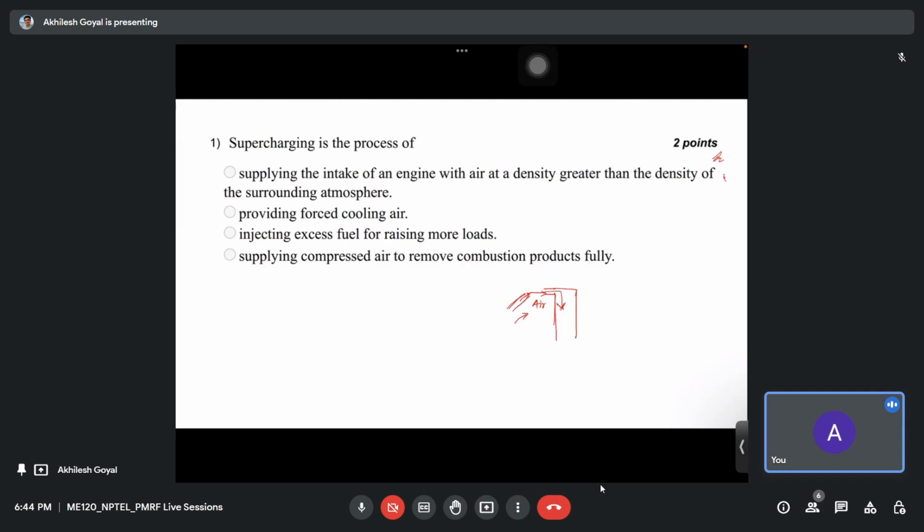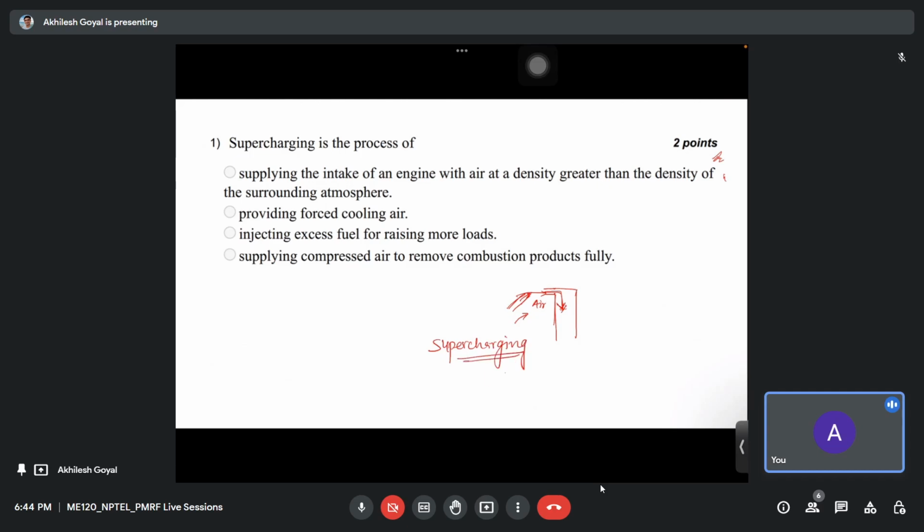There are some ways to supply more air into the cylinder. These ways are called supercharging.